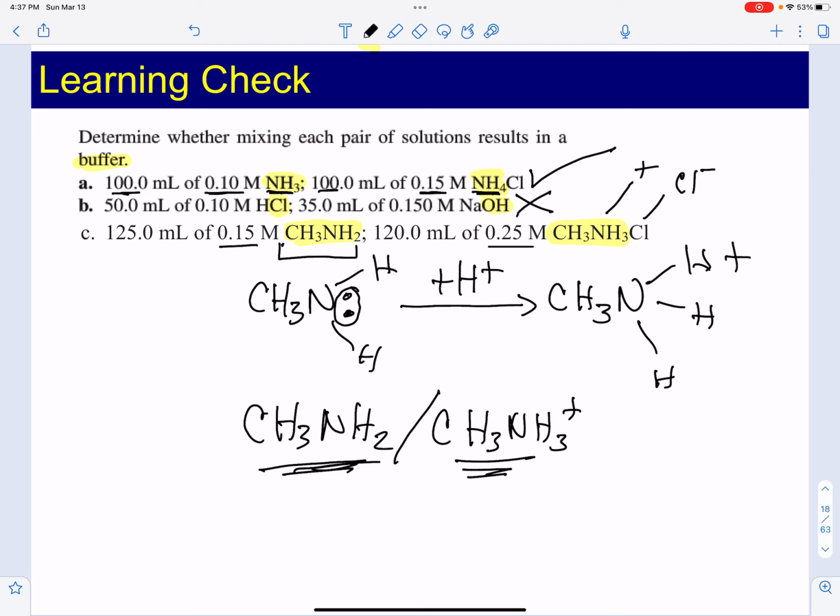The one with the lower molarity has a higher volume. So I would consider those to be within the same broad range. So yes, this will also be a buffer system. So that's how you determine if you have a buffer system or not.